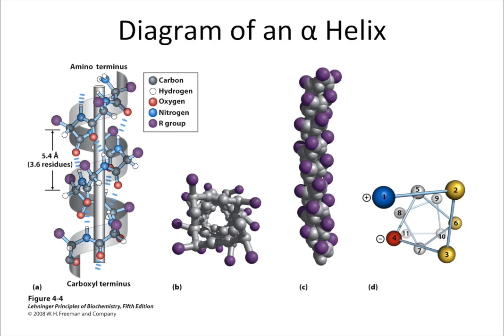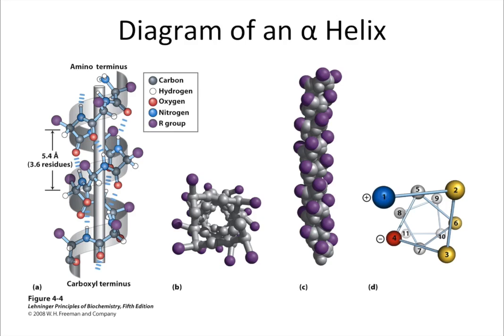Now, the substituent groups, or the R groups of the amino acids, are located on the exterior of the helix. The hydrogen bonding occurs between the carbonyl oxygen and the hydrogen atom attached to the amide nitrogen. These are on the backbone of the polypeptide chain, so that's going to be common to most polypeptides.